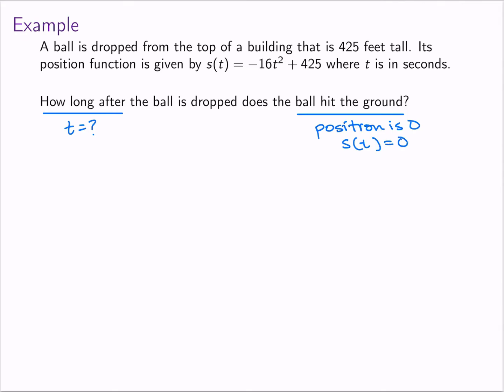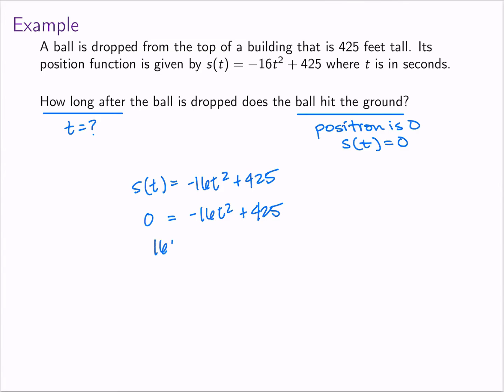So I want to find the time that corresponds to position 0. Well, position function s of t is negative 16t squared plus 425. I'm going to let s be 0 and solve for t.